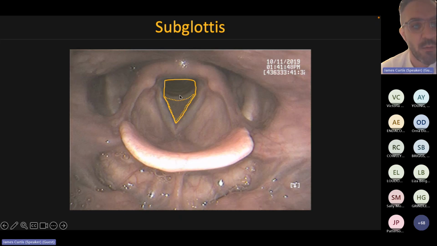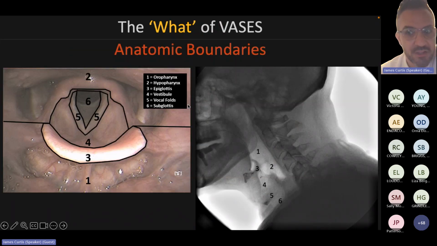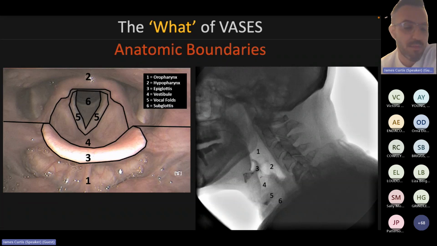It's important that we're separating the subglottic shelf from the rest of this because it influences how we're going to do our ratings, which I'll go over in just a minute. This is essentially a summary of our anatomic boundaries and how it might line up theoretically with video fluoroscopy. In the left image, we have our oropharynx, and in the image on the right, everything in yellow would be the oropharynx.